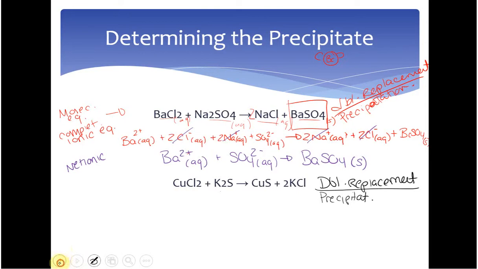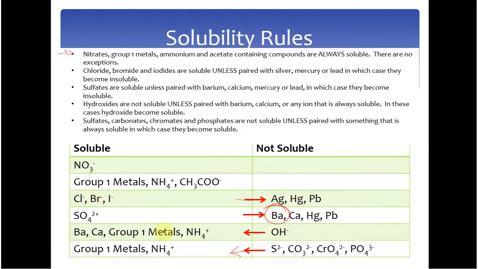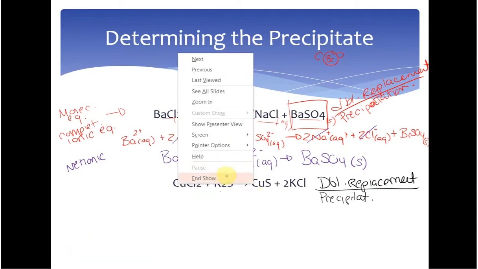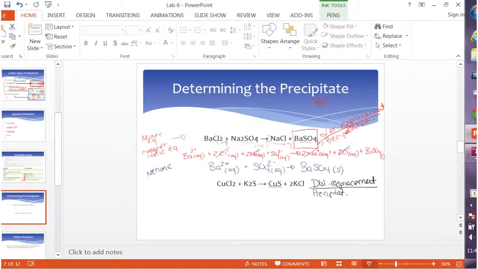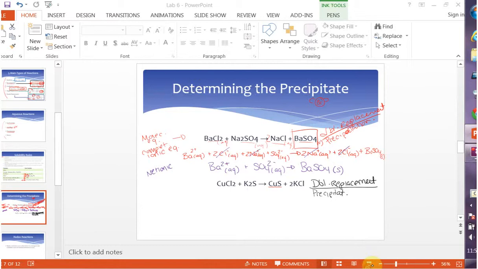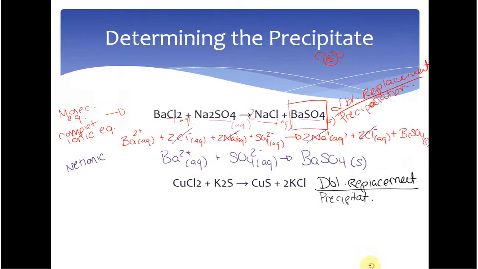Chlorides are soluble unless they're with those 3. So let's talk about this second reaction. We have copper 2 chloride reacting with potassium sulfide to produce copper 2 sulfide and potassium chloride. First of all, this is balanced, so yay.